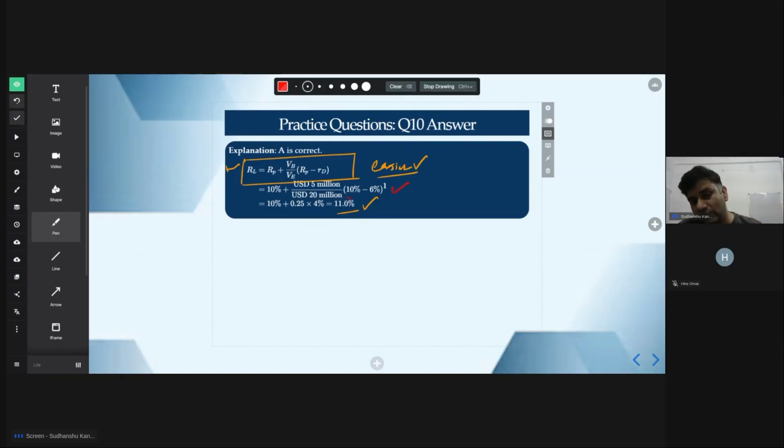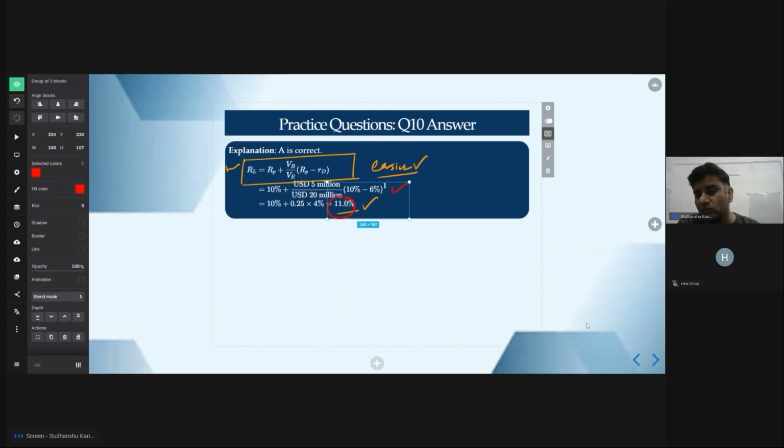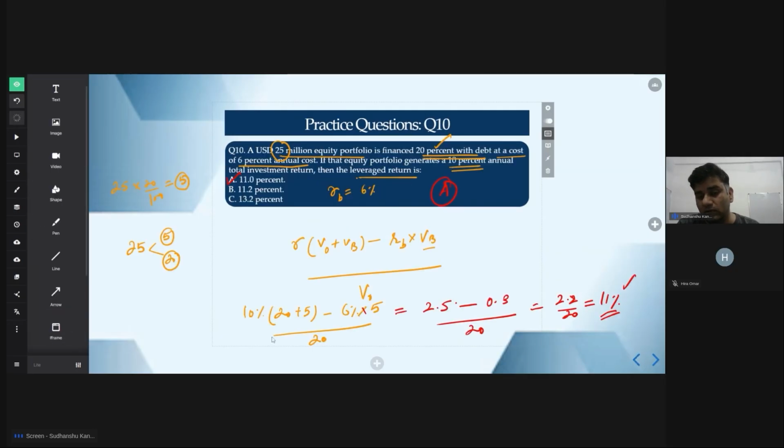It is the same answer either way, whether you followed my method of intuition or this method. This is again given in your book. These formulas are generally given so that students can directly apply them faster. But if you are not able to remember it, that's fine. You can use the intuitive way, taking that this much is the borrowed amount and this much is the rest. Again you get the same answer. In both cases the answer is the same.